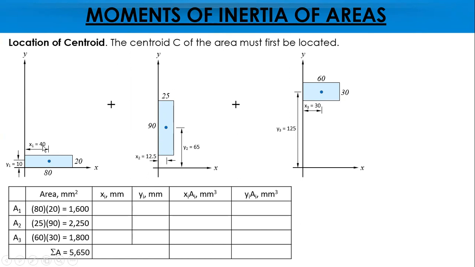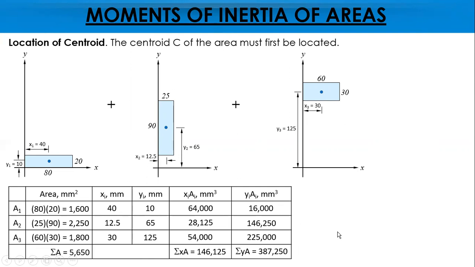Okay, x1 is 40, y1 is 10, x2 is 12.5, y2 is 65, x3 is 30, and y3 is 125. And then multiply xA, 40 times 16, and so on. After this, you sum up: 64,000 plus 28,125 plus 54,000, and also with yA.